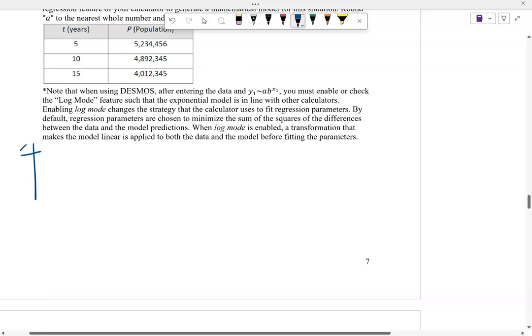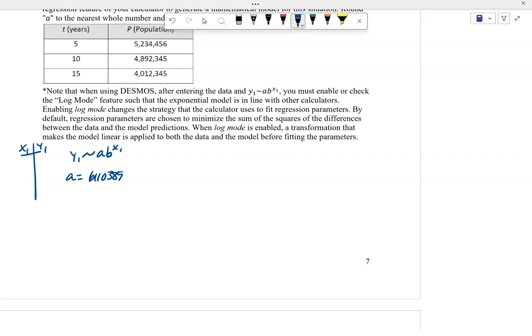So when I plugged in my x1, y1, and then I did the y1 tilde a b to the x1, it gave me the a was 6110389.82. My b is 0.973762.